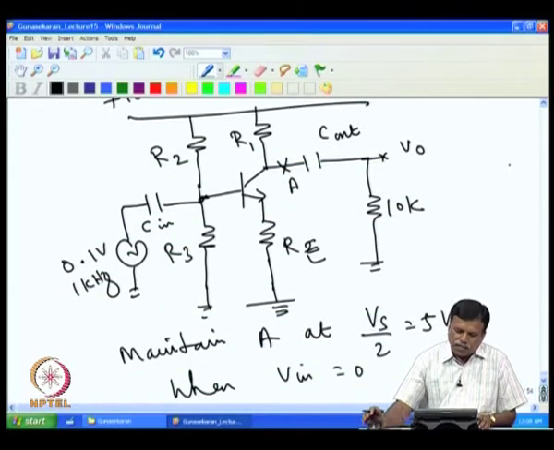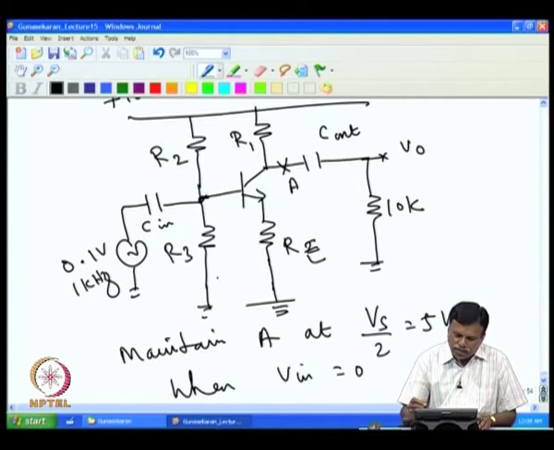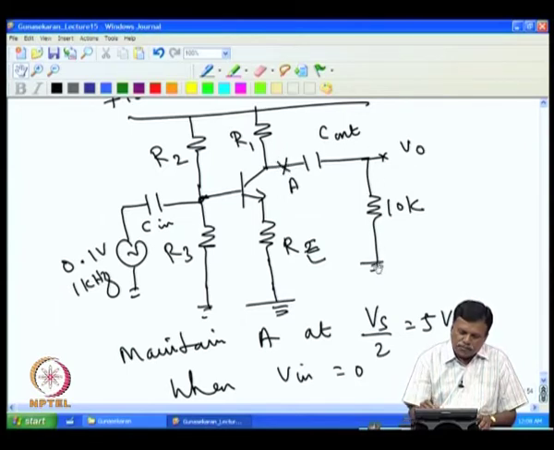Now, to get that, we have to select these R1 and RE, R2, R3 values. First what we have to do is this 10K acting as a load. When we are applying an AC voltage here, then we are getting amplified AC voltage here, and that AC voltage actually flows through this. So, this is acting as a load.